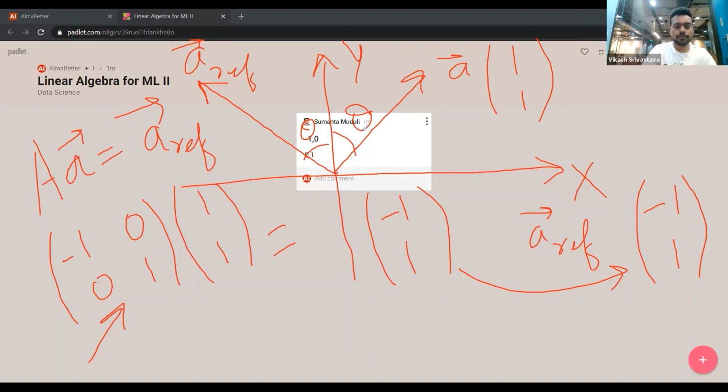So if you apply this transformation on any vector, it will reflect that vector about y-axis, right? So here, of course, I took a special case of 1 comma 1, but you can do this theoretically for any such vector.